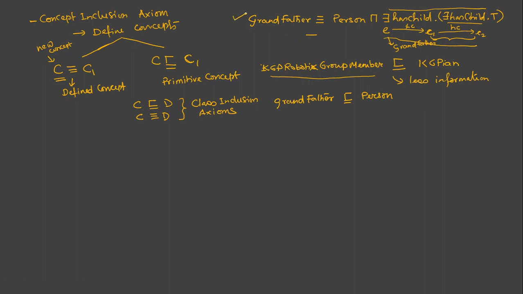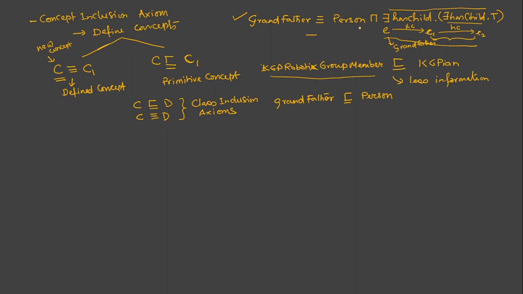But take this example. This is a very complex expression. Here we have a complex combination of different things, right? When again combined with negation and other things, this is a more generic form of class inclusion axiom.